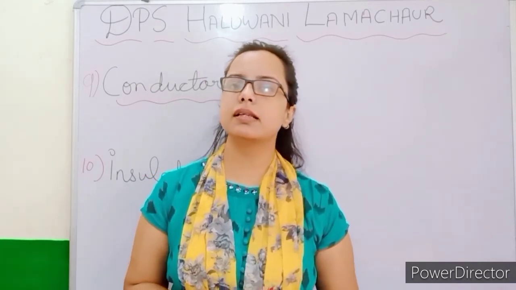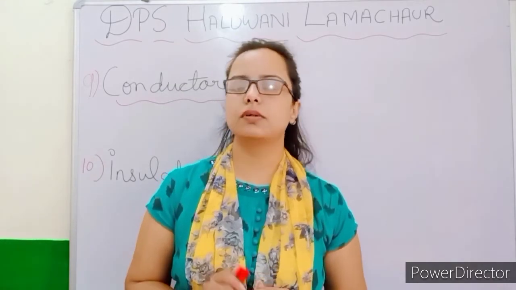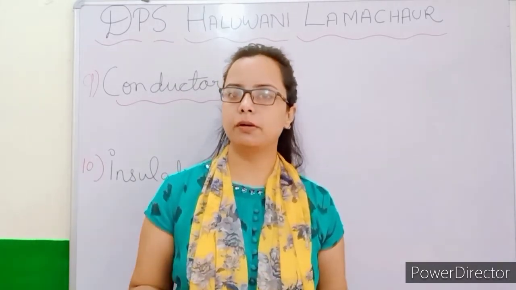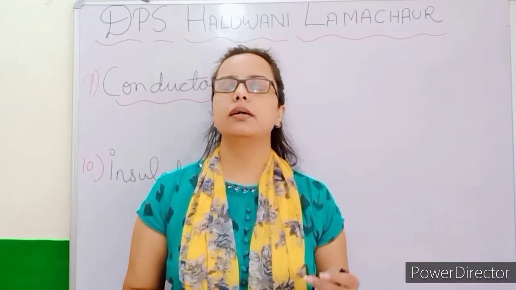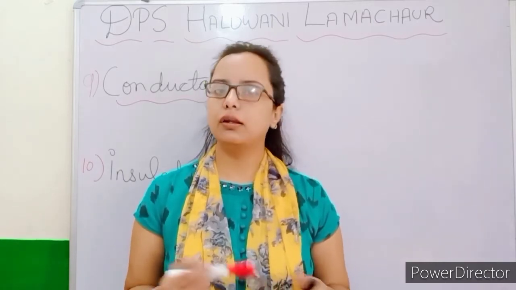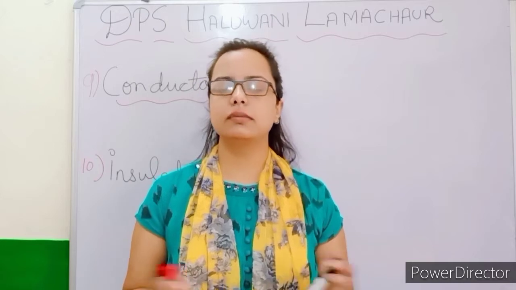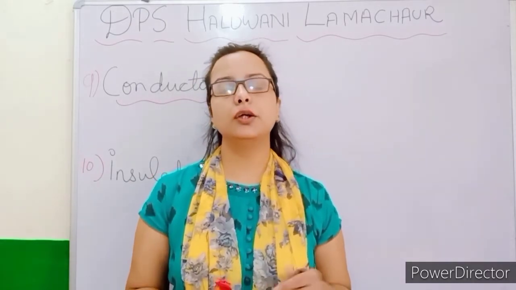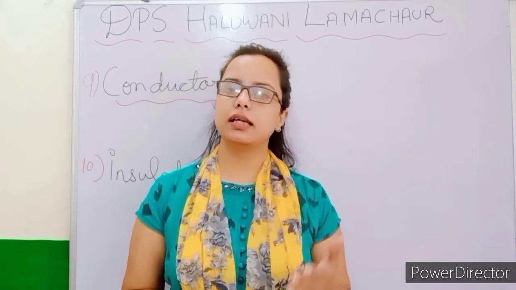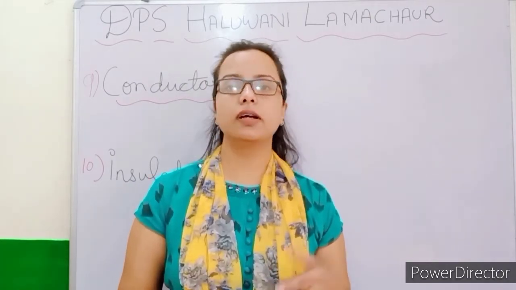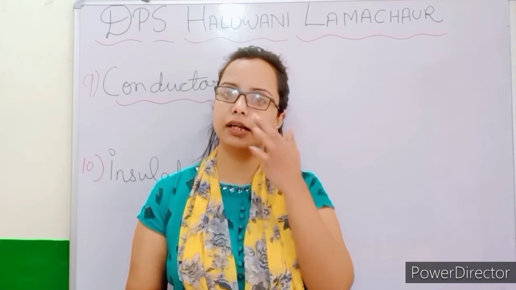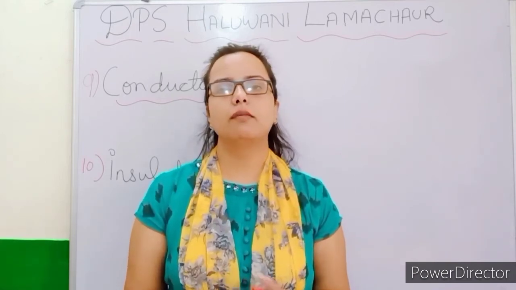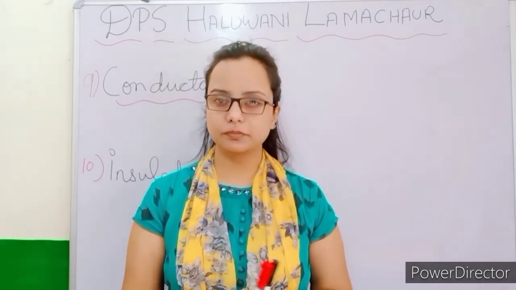Every metal allows the current to pass through it. Examples of metals are copper, you have seen the copper wires, and iron, aluminium, and other elements. And the human body is also an example of a conductor. We also get an electric shock, so how does it happen? Because our body is a conductor.